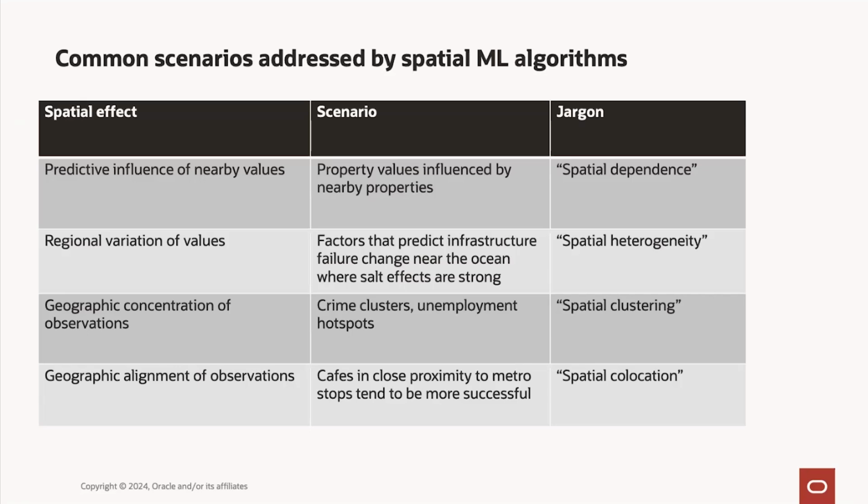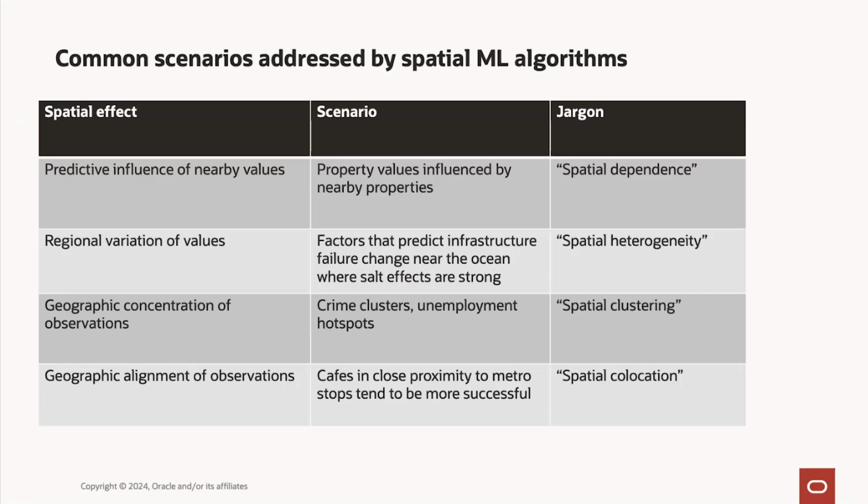Commonly, there's a predictive influence of what are the values of the properties surrounding the property. So that's an actual spatial effect. And there's a predictive value there. It's not the only predictor, but it's a valuable predictor. And where we come in with spatial AI is the ability to harness that, to incorporate that, to not leave that on the sidelines, but to actually have that aspect of the predictive influence of surrounding, in this case, properties, be part of the model itself.